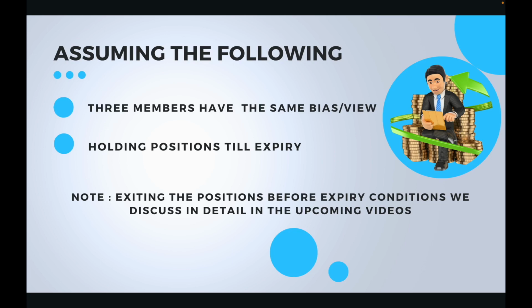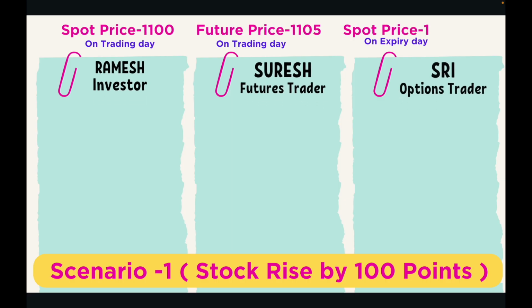So let's move. The first thing, I have just used round numbers here. The spot price is 1100 and the future price is 1105. As they expected the price to go bullish, let's assume the price increases by 100 points.